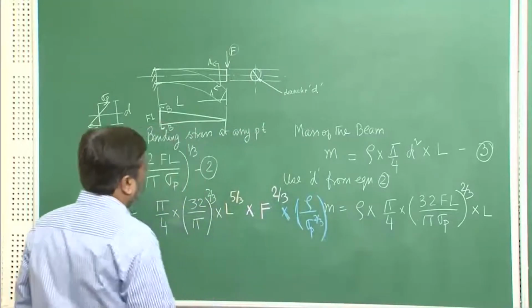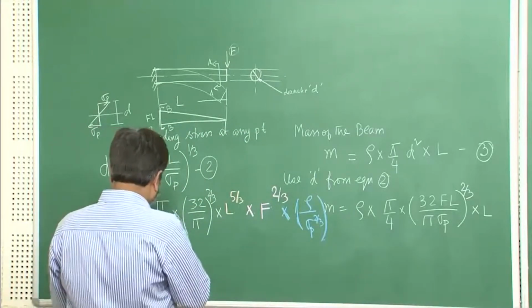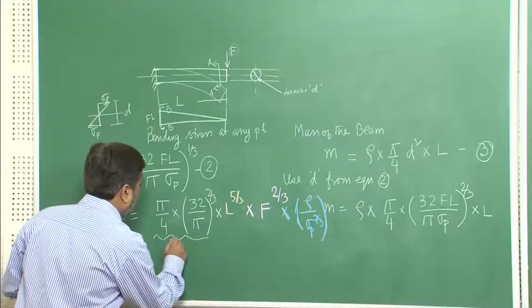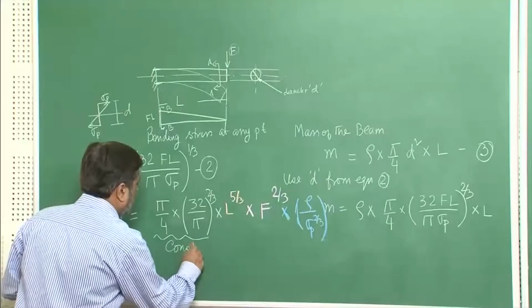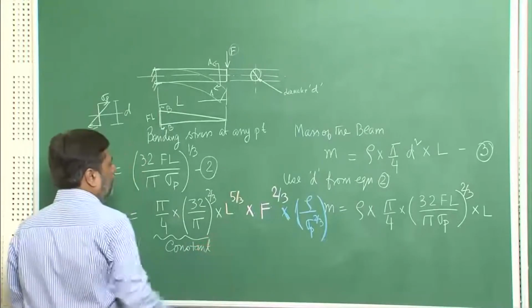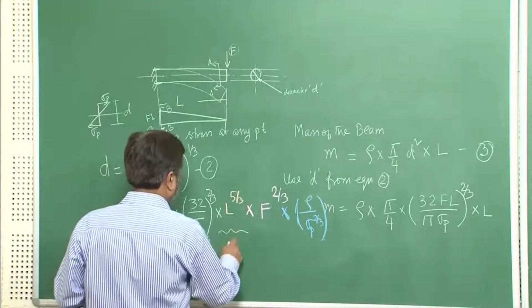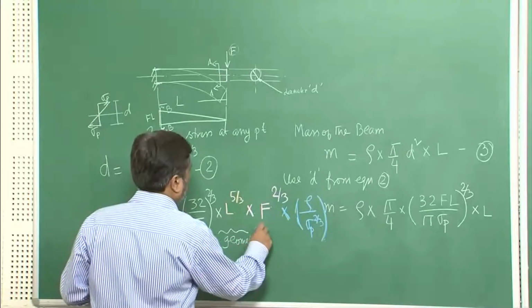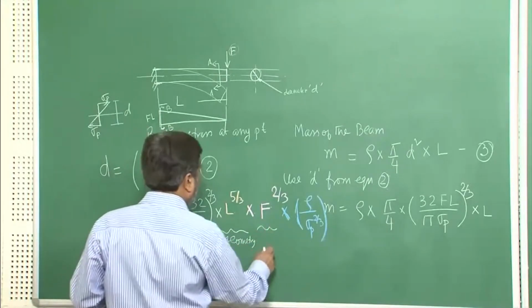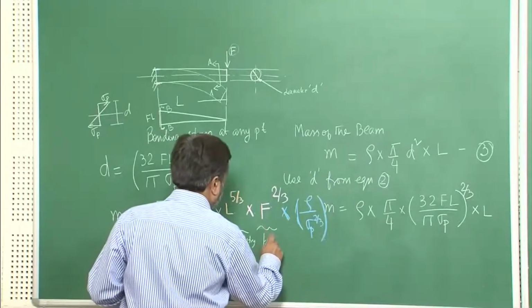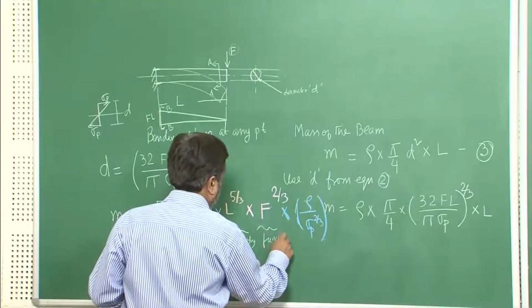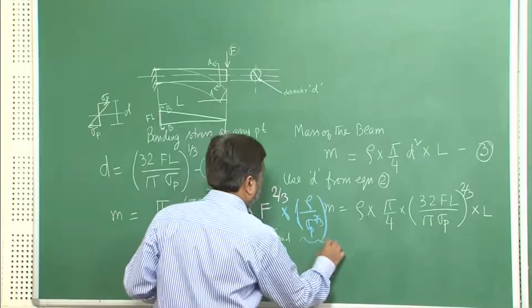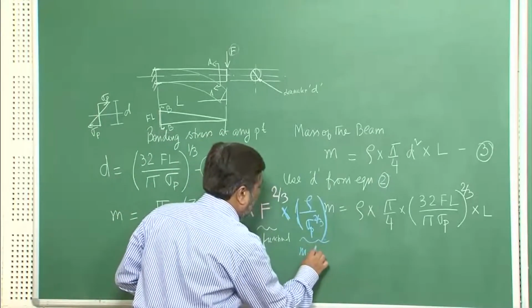Okay, so that is what we have. That means this is the constant part, this is the geometry part, this is the function part or the loading part, and the last part is the material property.